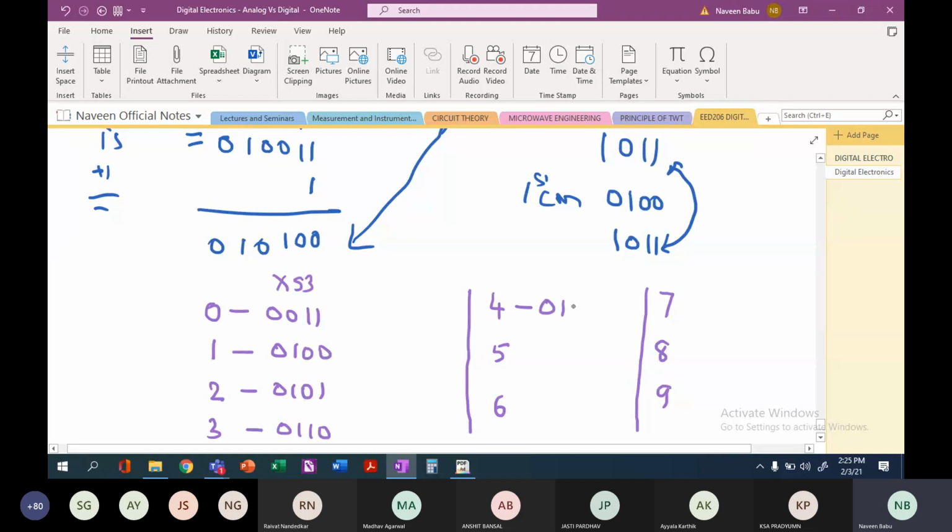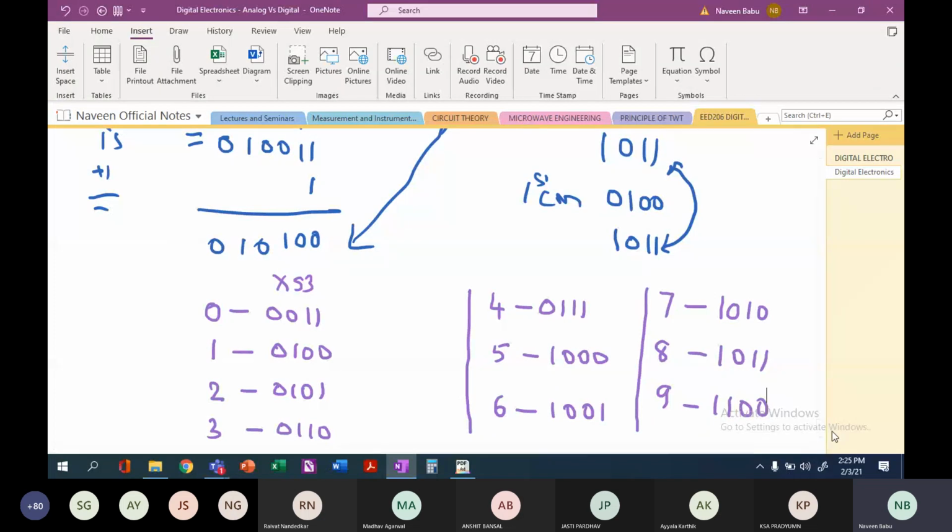And 0111 is XS3 code of 4. 1000 is XS3 code of 5. 1001 is XS3 code of 6. And then 1010 for 7, 1011 for 8, and 1100 for 9. Now, what are the invalid codes?